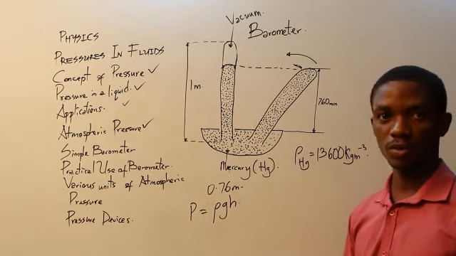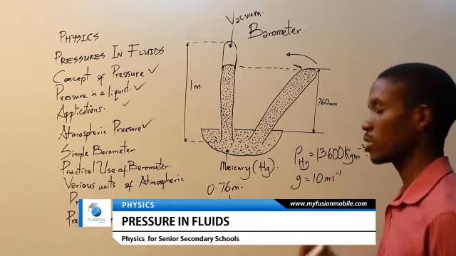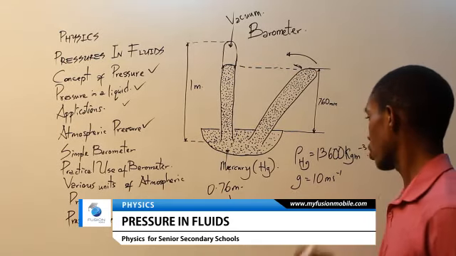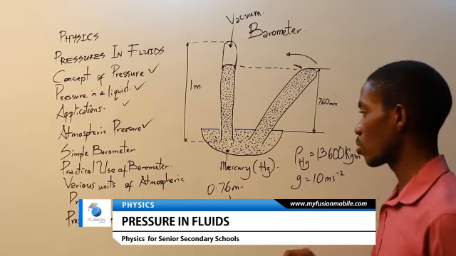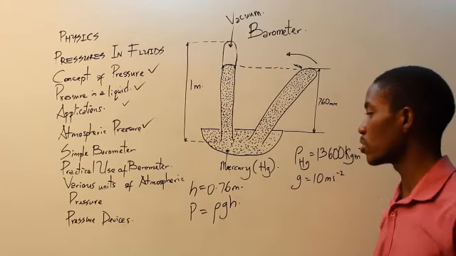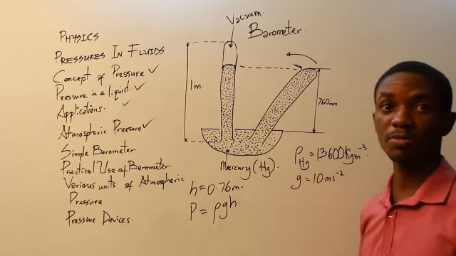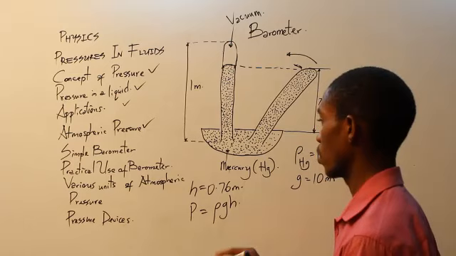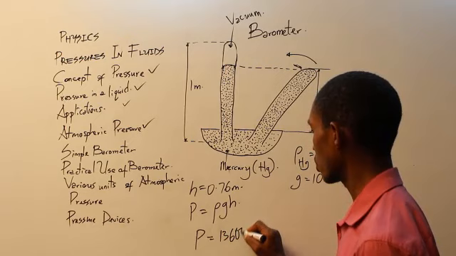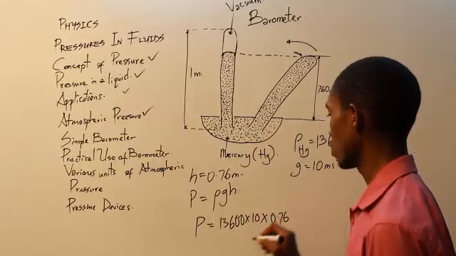And of course, we know our acceleration due to gravity, g. We have always been taking it as 10 meters per second squared. And we are having our height to be 0.76 meters as measured from the experiment. So let's put all of them together. That's 13,600 multiplied by 10 multiplied by 0.76.